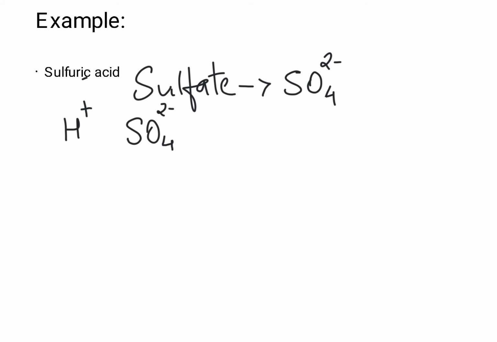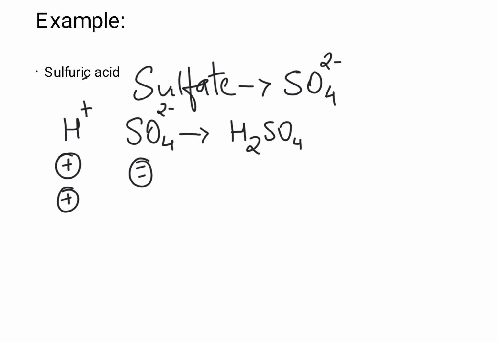And so I'll let you pause the video, work this out while I do the same, and then let's compare our answers. So this is how your setup should look like. And the formula you should have gotten is H2SO4.